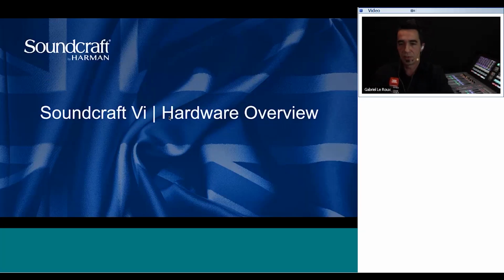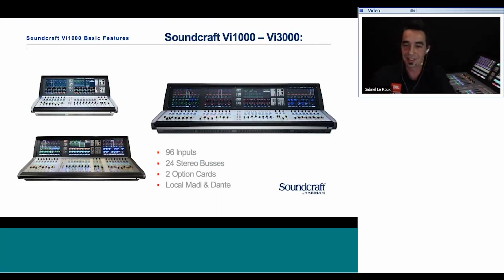Great. First thing we're going to do is look at the hardware overview. Sorry if I'm talking fast. We just have a lot to get through this afternoon in South Africa, but I guess midday by you guys. So today we're working on a Vi1000. The Vi1000 is the smallest frame within this range, Vi1000, 2000, and 3000.